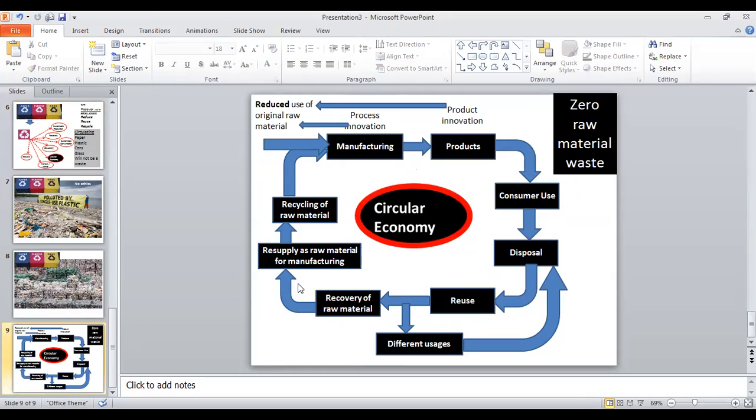So if this is the case, finally, not only reduced, we can say no use of original or new raw material.